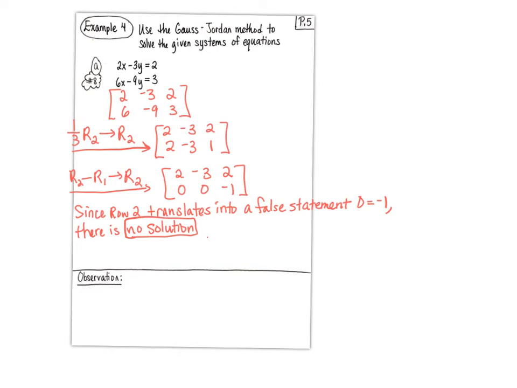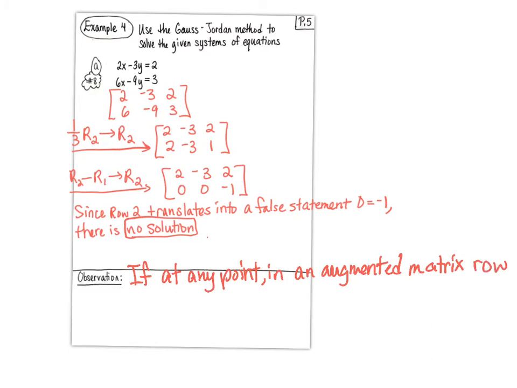So the observation for this page is the following. If at any point in an augmented matrix row reduction, the process that we're doing, this Gauss-Jordan method to simplify, is called row reducing. Okay?